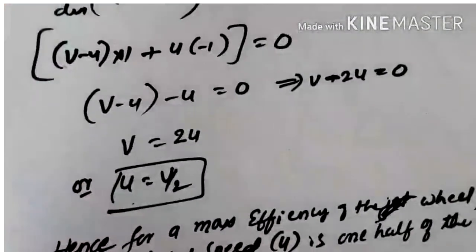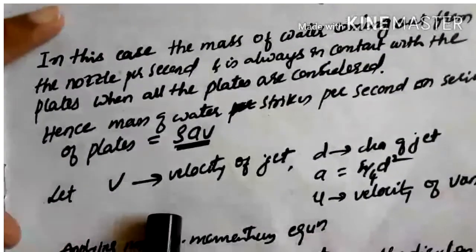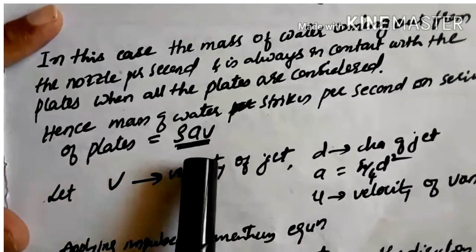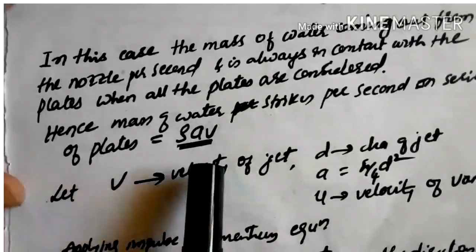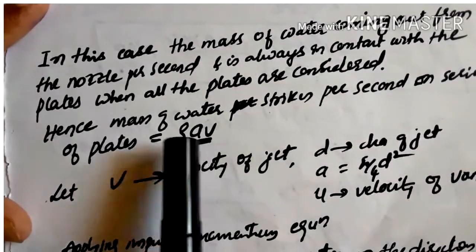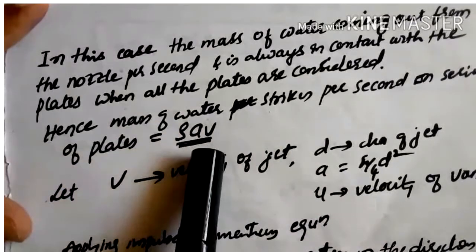You have to remember that in this case the mass of water striking per second will be taken as rho a v, but in a single vane we have taken the term rho a (v minus u). There the entire water was not being utilized completely.